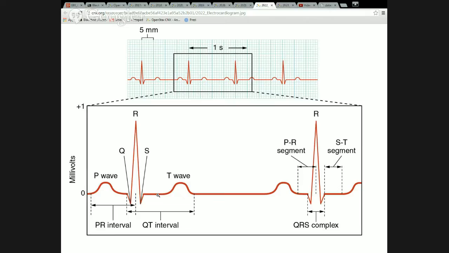So the pen goes back down to 0. And then the T wave is when we see repolarization. So QRS to T represents the depolarization of the ventricles. P to something that's technically hidden behind the QRS complex is depolarization or repolarization of the atria.